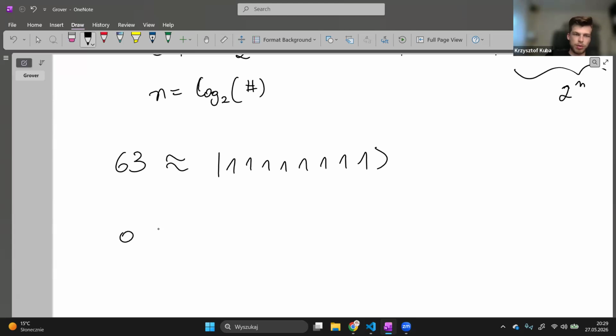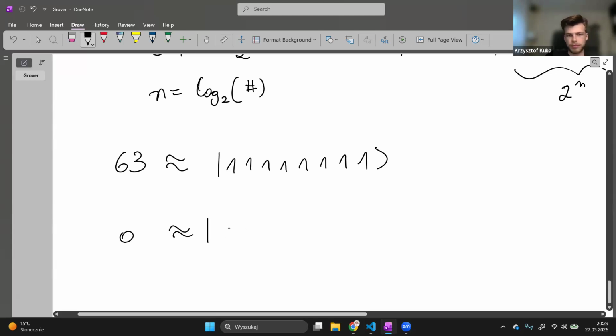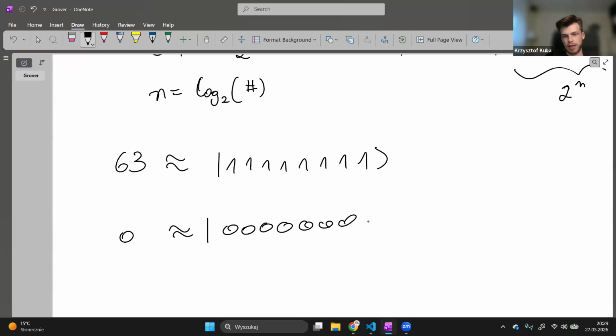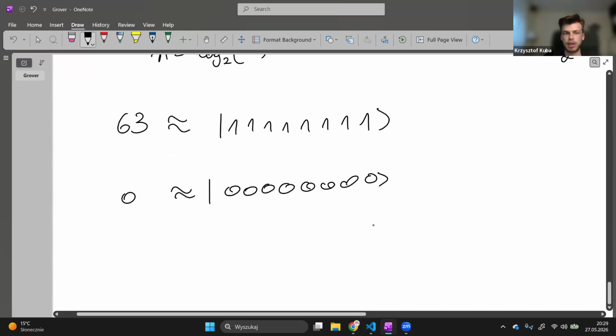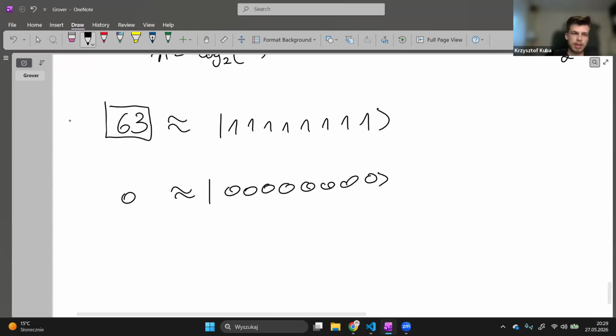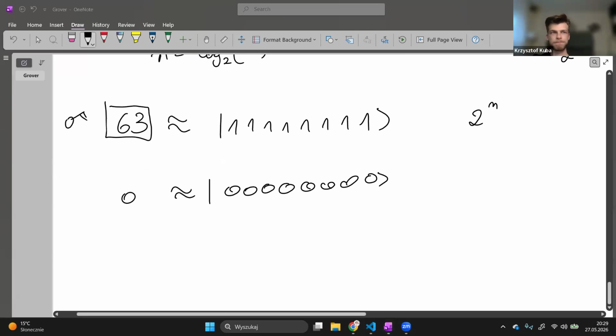And let's say number 0 will be then 8 zeros. So the number of qubits increases the maximum number you can represent, the maximum key you can have. And this scales like 2 to the n of qubits. Do you understand? Have I explained it correctly?